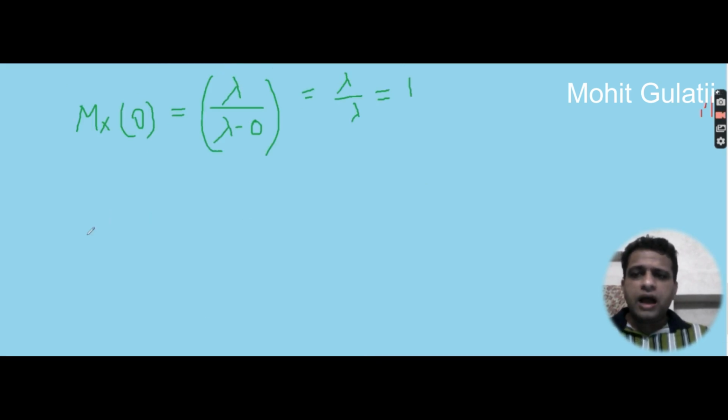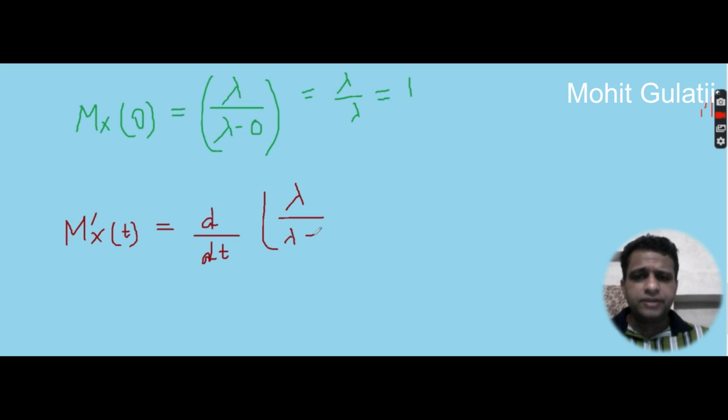I will differentiate this function with respect to t, and then plug 0 in place of t. First I will differentiate lambda over lambda minus t.